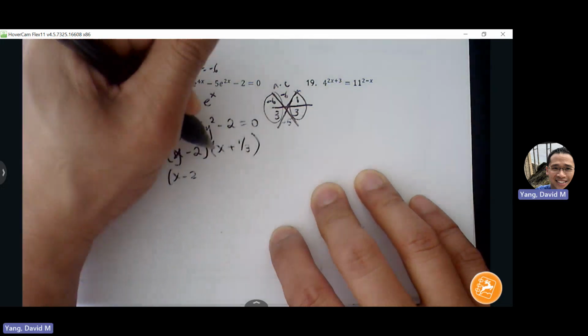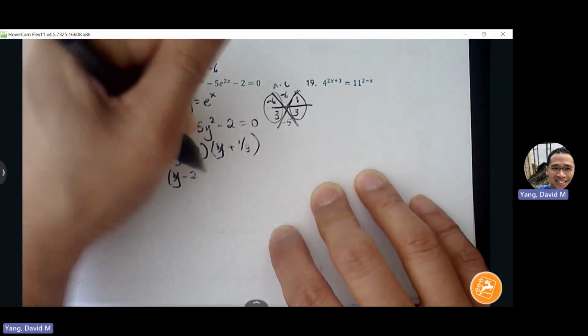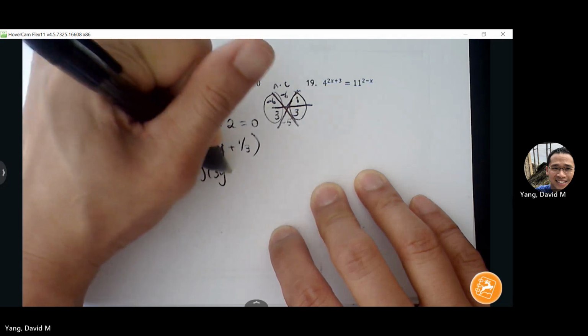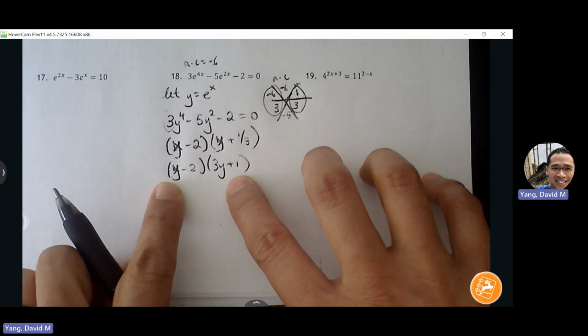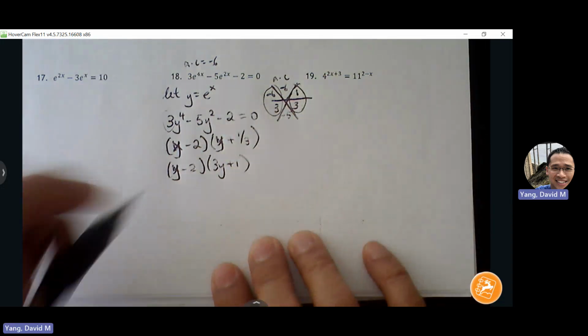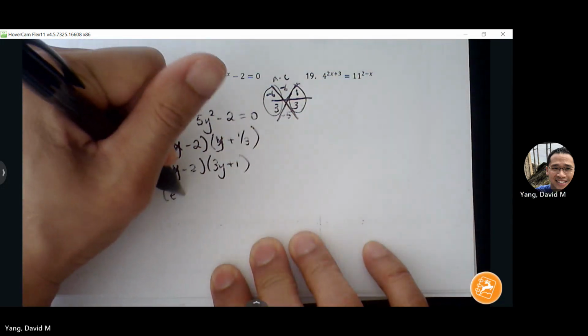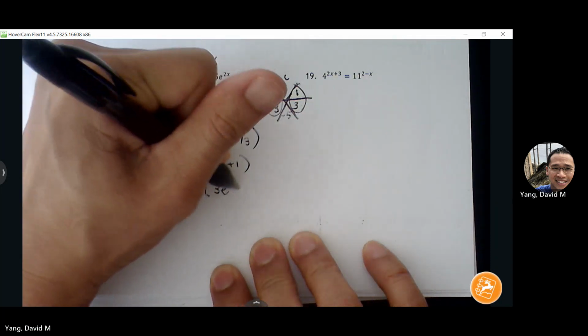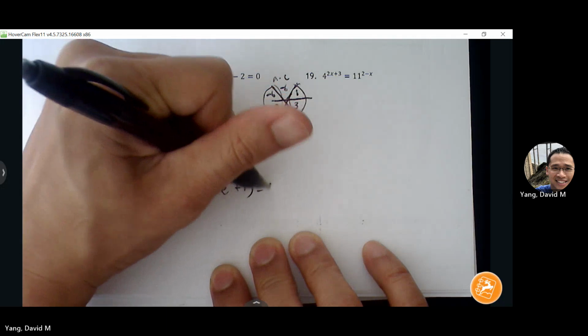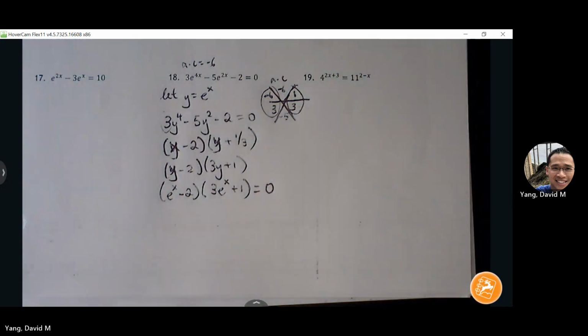All right, I'm using y's here. And once you have it in factor form, bring back your e to the x. I'll work this out tomorrow using the grouping method if you want to see that.